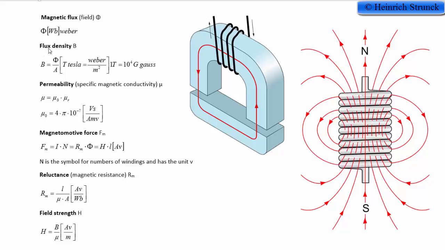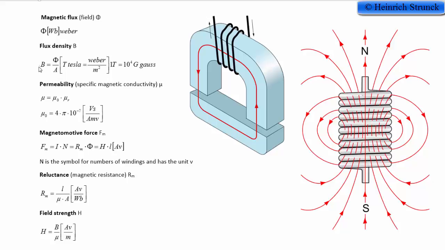The next one is magnetic flux density, or just flux density. That is how many magnetic lines we have per square unit. So it is the magnetic flux divided by the area. You have it down here, magnetic flux divided by area.